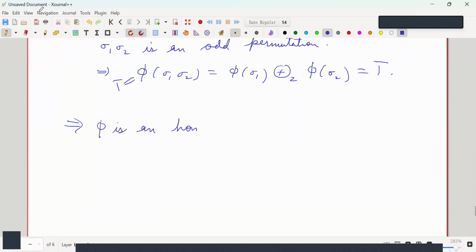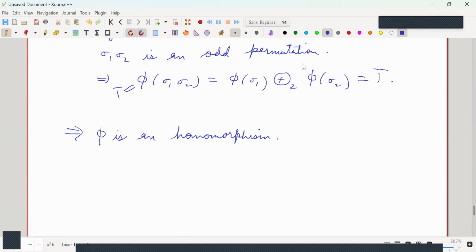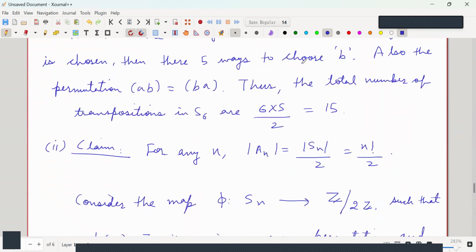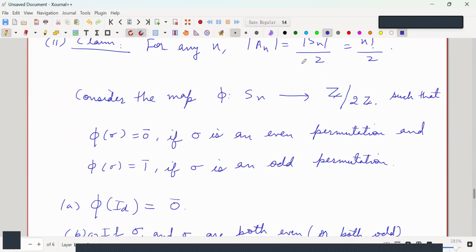Now, how do we use this to obtain the cardinality of An? That is also one thing, right? We have proved that it's a homomorphism, but we started with the problem that we want to determine the size of An. Now, with respect to this homomorphism, what is the significance of An?